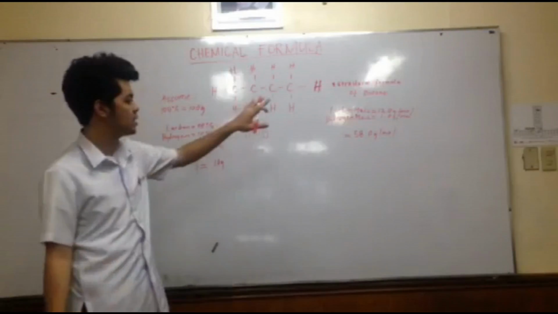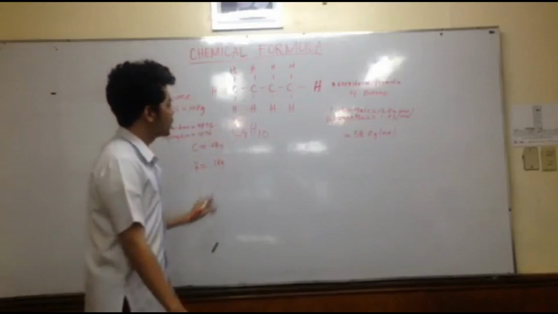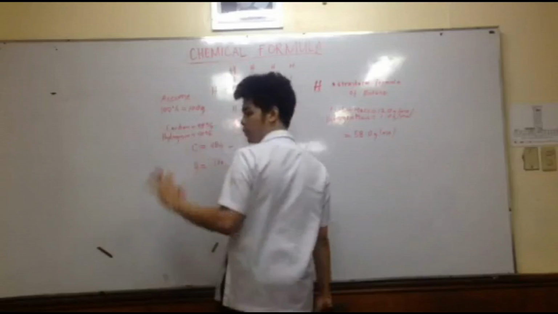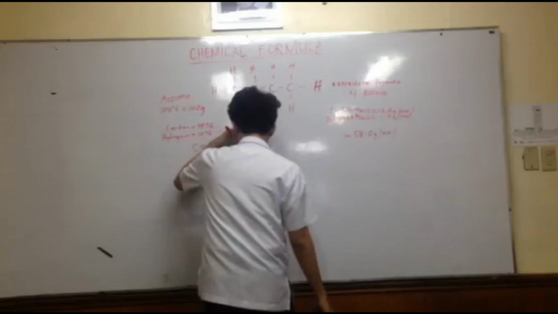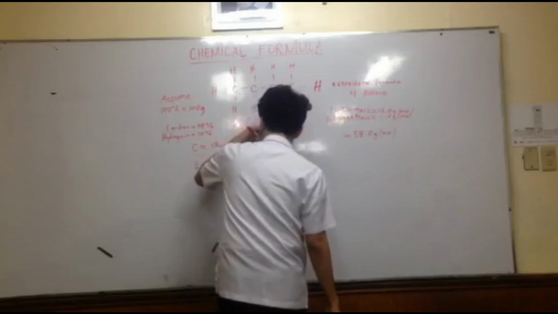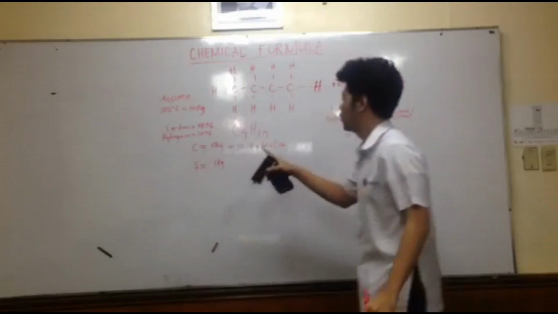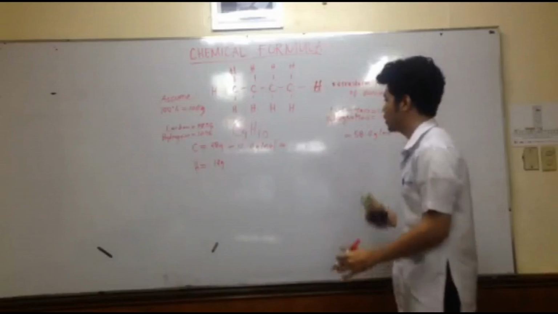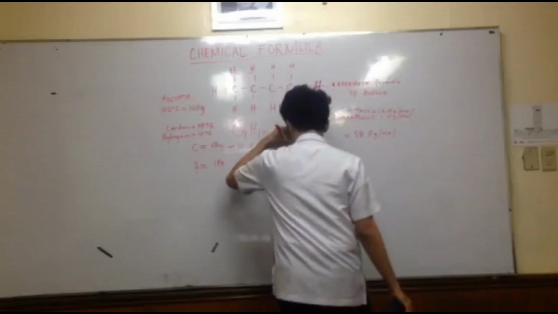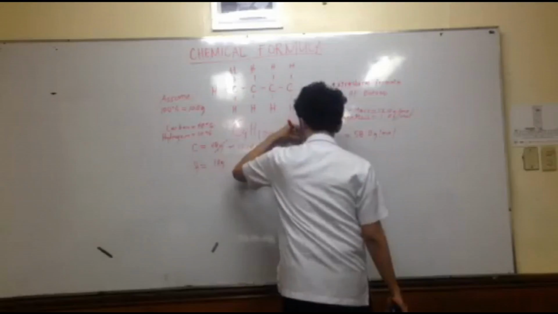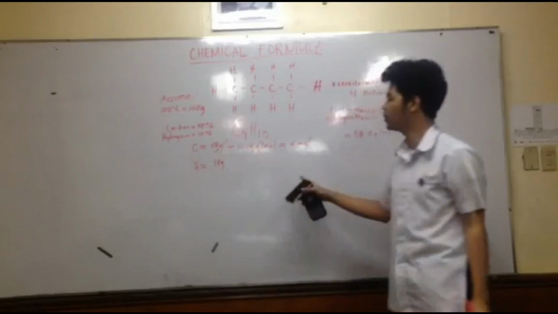Now, in order to get this, you have to divide it by its elemental mass. Carbon has 12 grams per mole, so we are going to divide 48 by 12 grams per mole, which is equal to 4. Then cancel out the grams, so that means it will be mole.